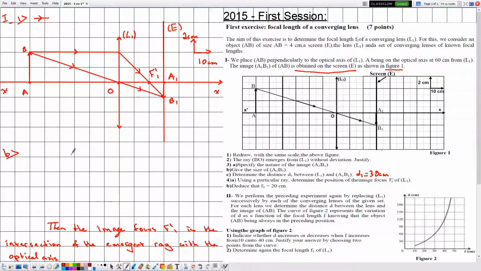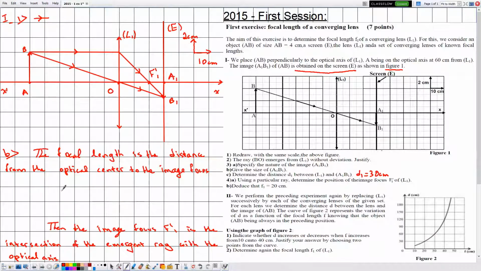By referring to its definition, the focal length is the distance from the optical center to the image focus.